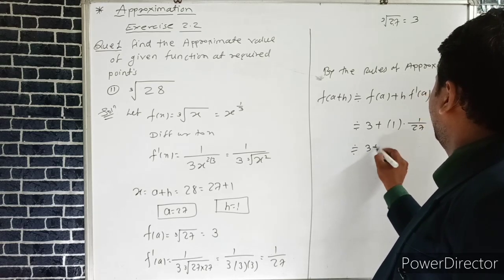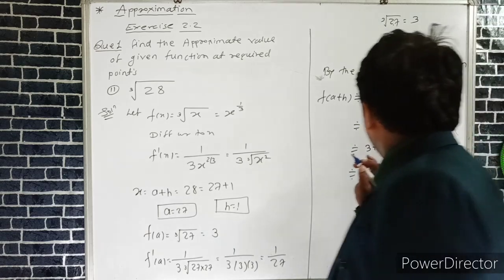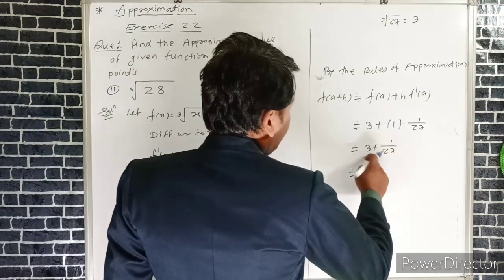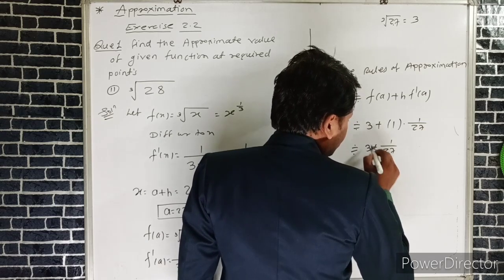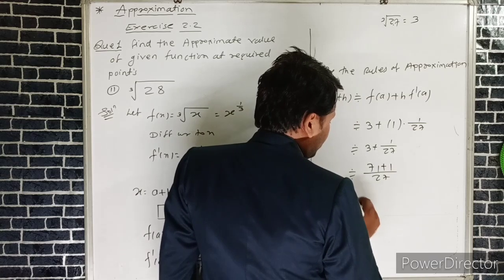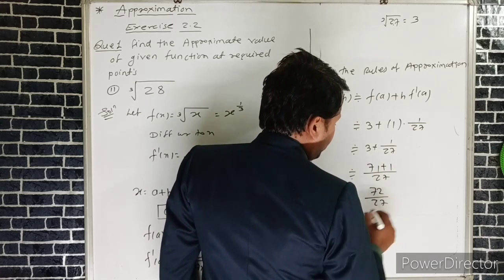So 3 plus 1 into 1 by 27 is 1 by 27. Here we can take a cross product of both, or we can find the value of 1 upon 27. So here 27 into 3, we can write 70 plus 1 upon 27. 71 plus 1, 72 upon 27.